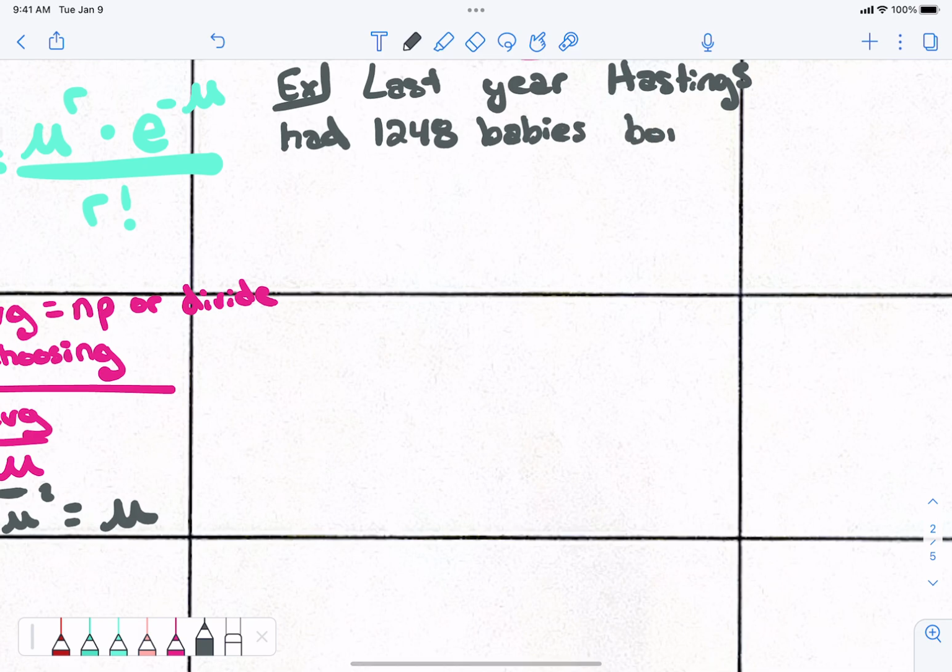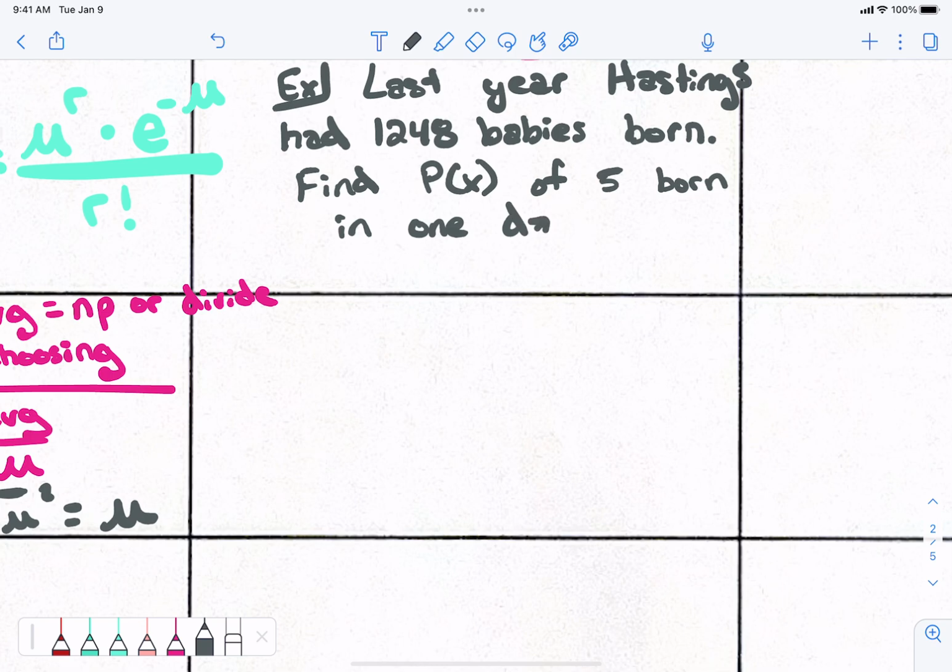Okay, there were 1248 babies born last year. Find the probability of 5 babies born in a day. So what are the chances that 5 were born in one day if 1248 were born in one whole year?